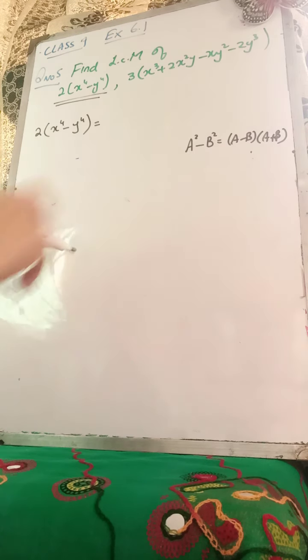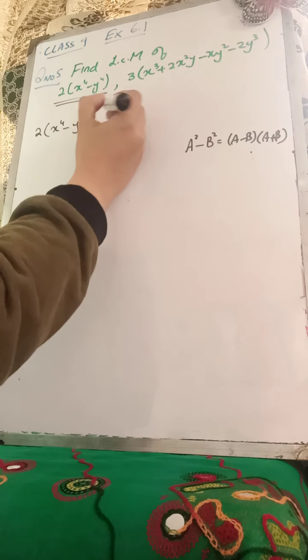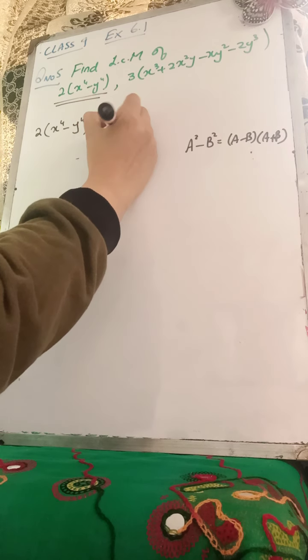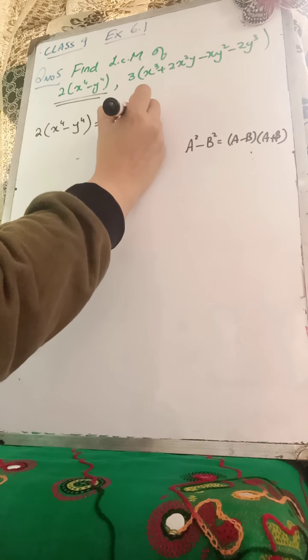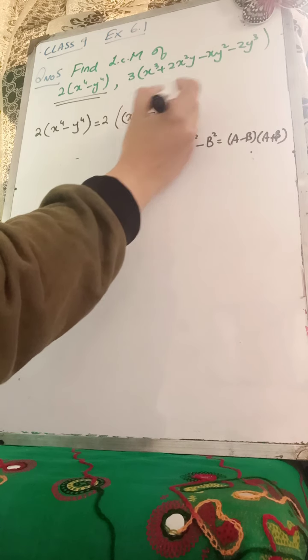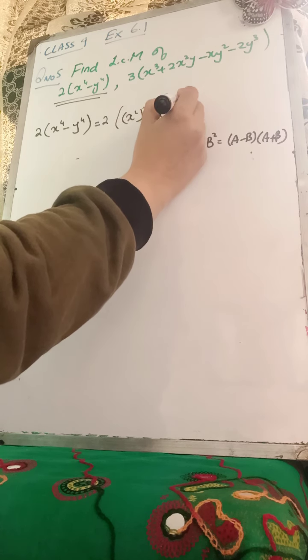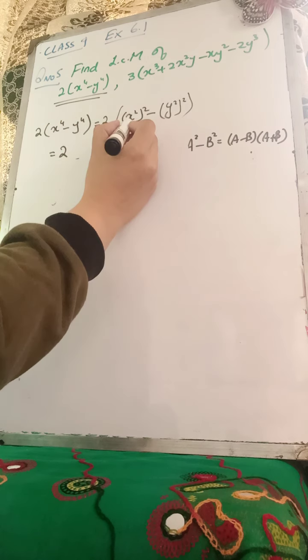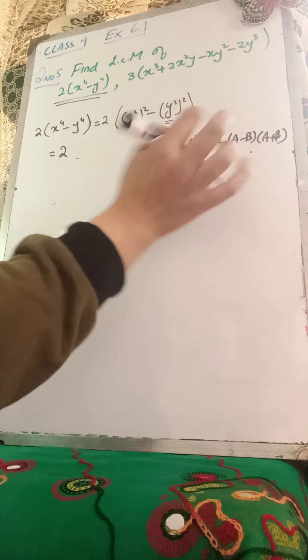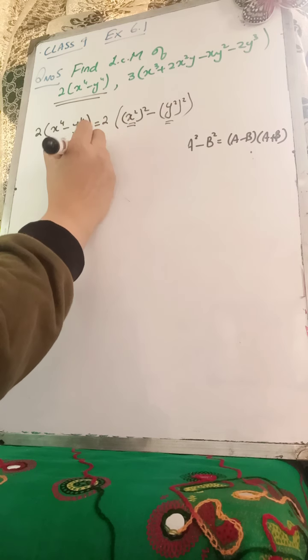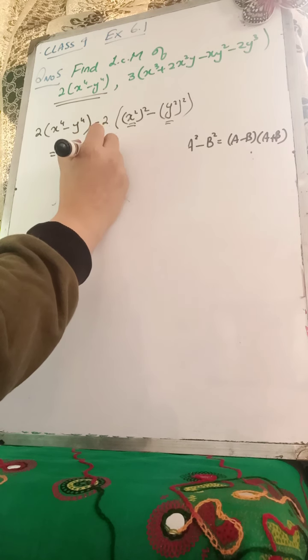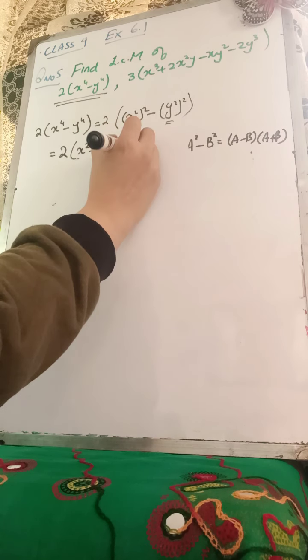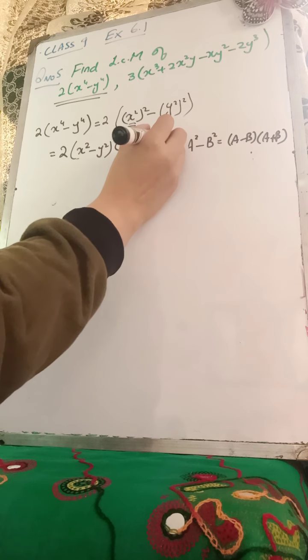Now if I write it in the form of squares, x raised to power 4 is the square of x square, and y raised to power 4 is the square of y square. So in place of a we have x square, in place of b we have y square. So it's going to be a minus b into a plus b.